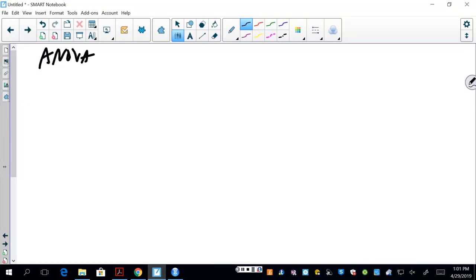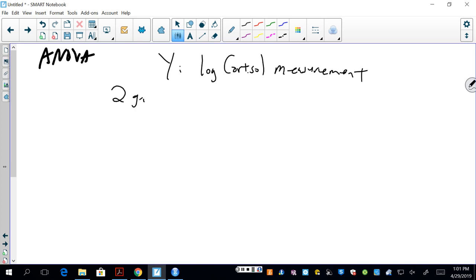ANOVA, so the Y is log cortisol measurement. And we have two groups: those that have the stress applied early in the process and the ones that are not stressed. They're watching a relaxing video.